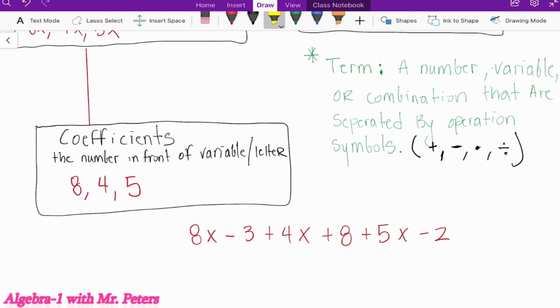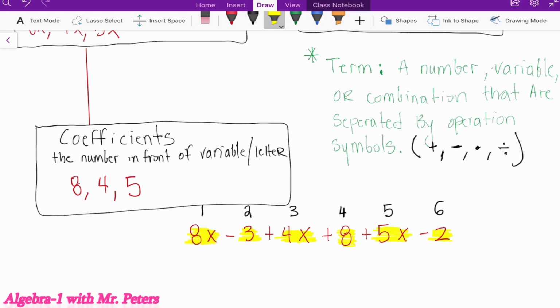So if we look at our problem right here, we have 1, 2, 3, 4, 5, and 6 terms, right? So let's just make sure we also highlight them. So these are all the terms that we have. And if you notice, they're all separated by either an addition or subtraction sign in this problem, right? It could also be multiplication or division. So we have 6 terms.